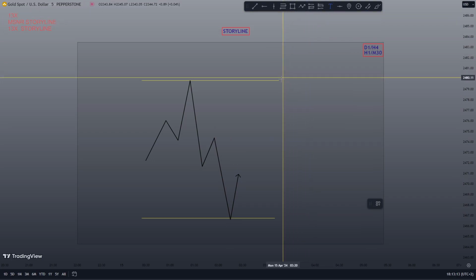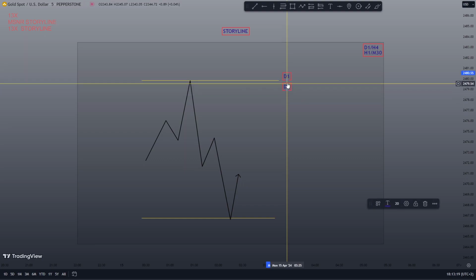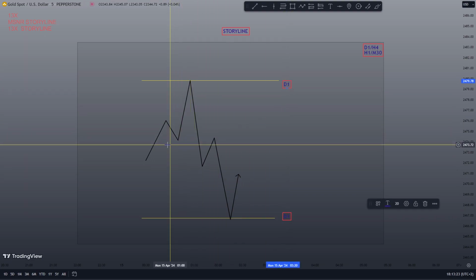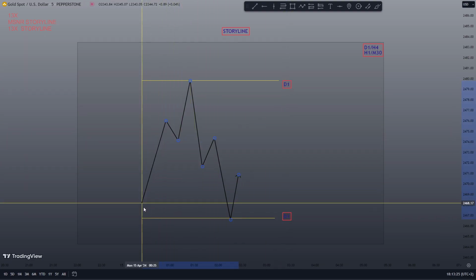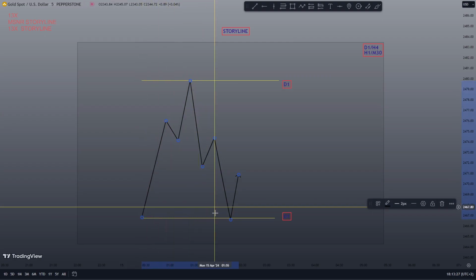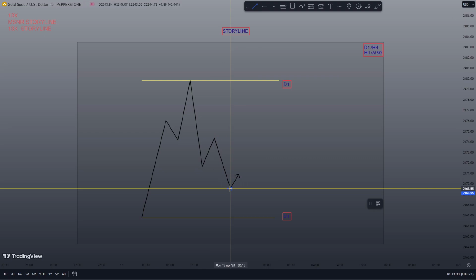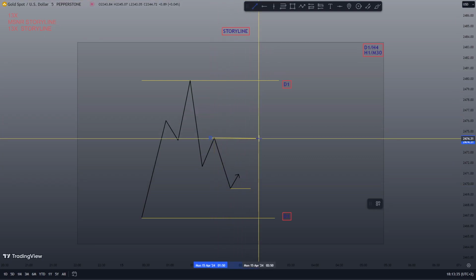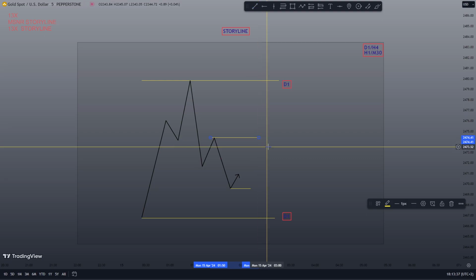Let's say that this is a daily level. So price moves from a daily fresh level to another daily fresh level. For example, those are daily levels.